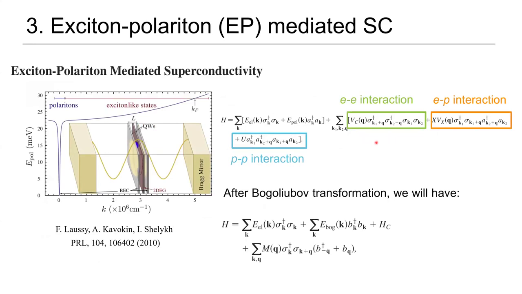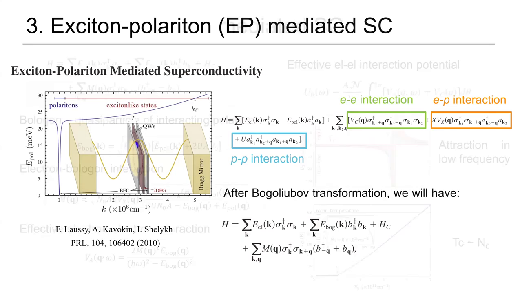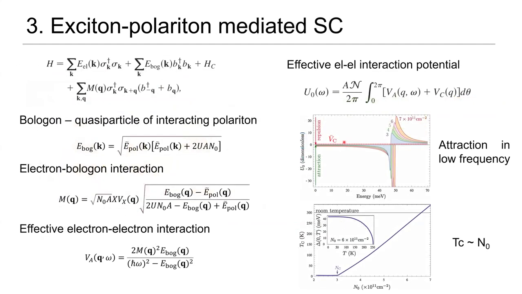For the exciton polariton part, one can do the Bogoliubov transformation to diagonalize the polariton operators, and I will show you the result.